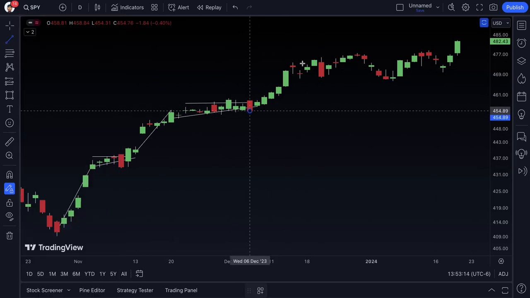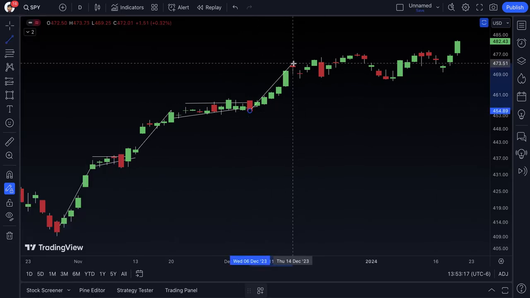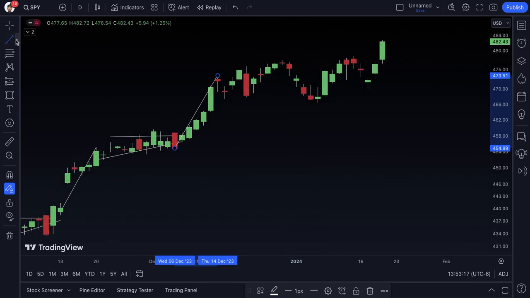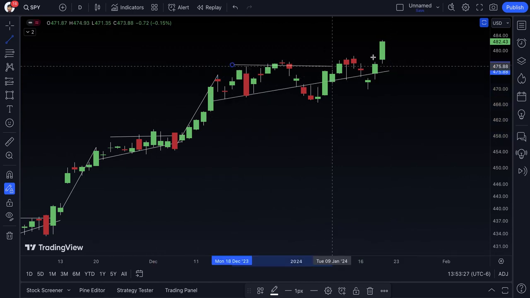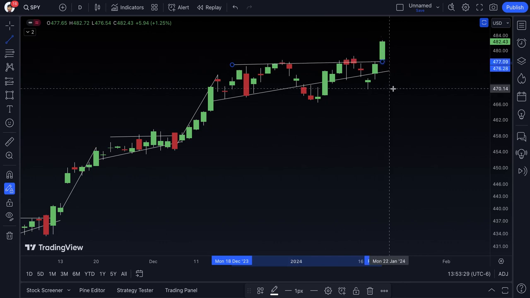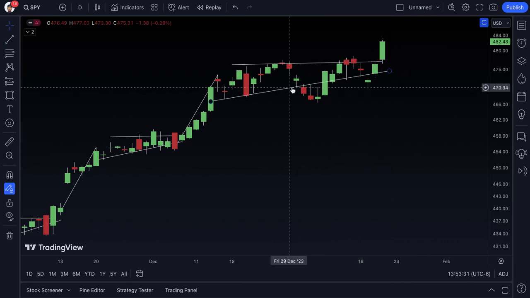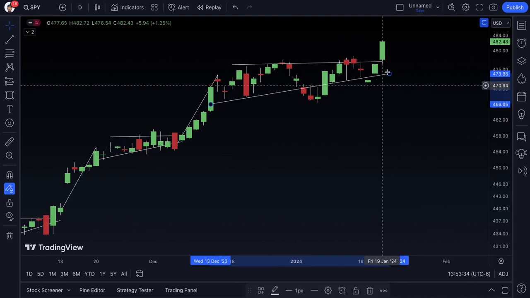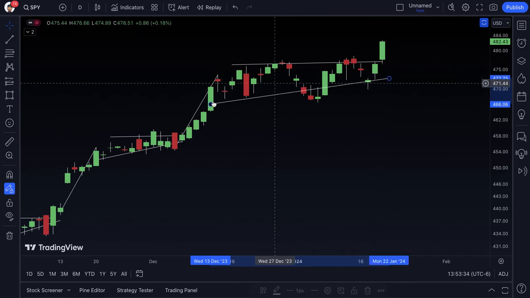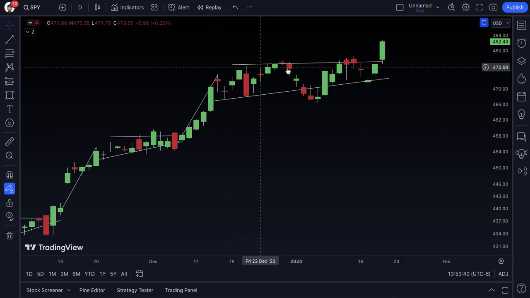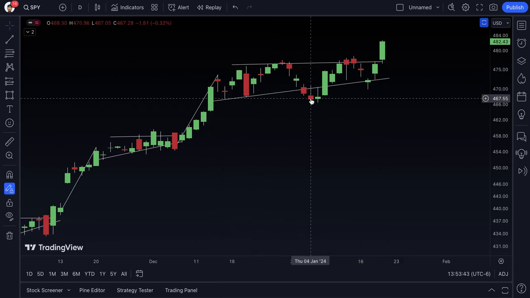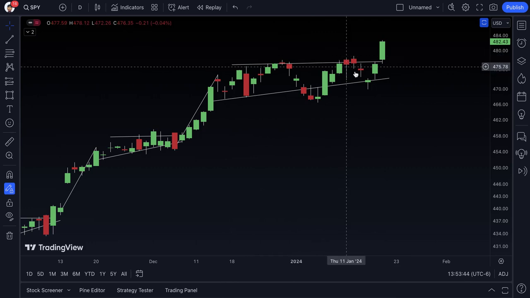We had another markup over here, and then another much wider consolidation range. Same effective pattern though. Bull flags after bull flags after bull flags. Let's adjust this a bit. Boom. We broke down, false to the downside, and then we ranged again, and then moved up.